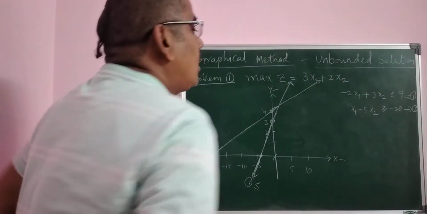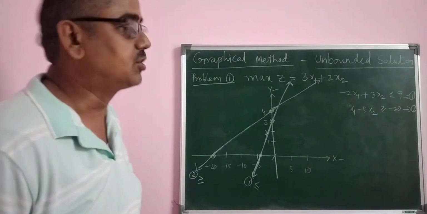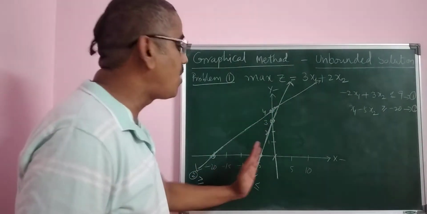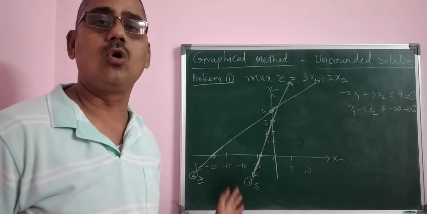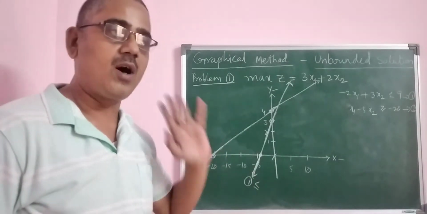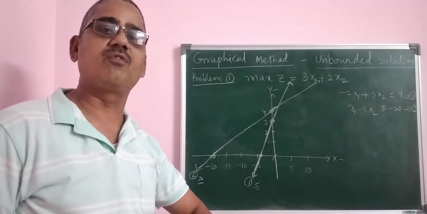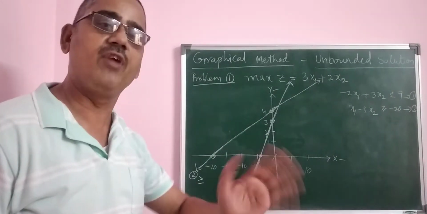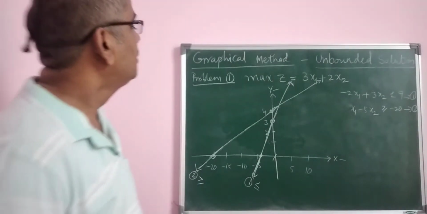Whenever you have points like this, first of all, see whether this particular line passes through the origin. No. If it passes through the origin, the procedure is different, and we have to consider another way.